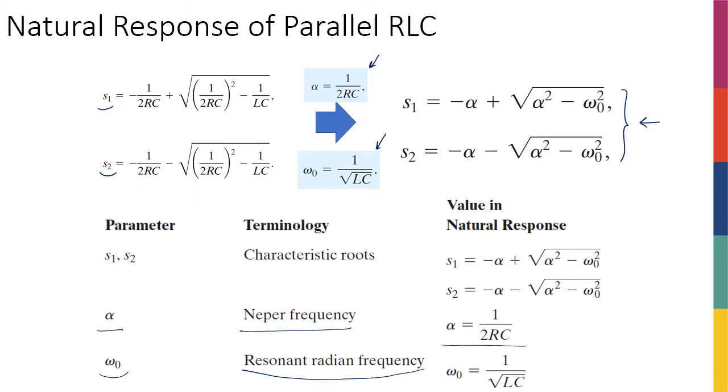Just one thing you might want to note is that alpha is related to R, and omega naught is related to LC. So alpha is an indicator of how much energy is being consumed because there's an R in it, and omega naught basically relates things to the inductor and capacitor combination. Just keep that in mind for our future discussions.